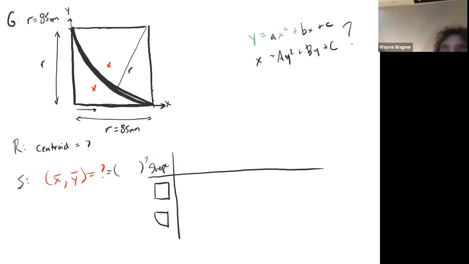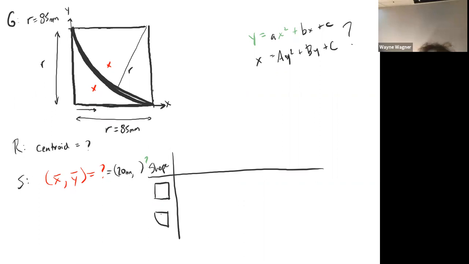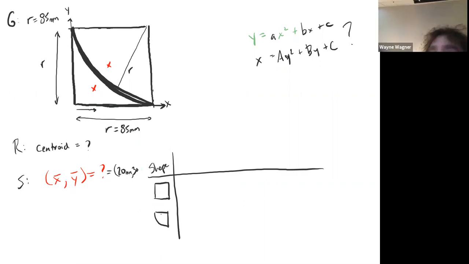What about in Y? 30. You think it's higher? It's good always to just give yourself a guess. So I'm going to put a little green question mark over the top.